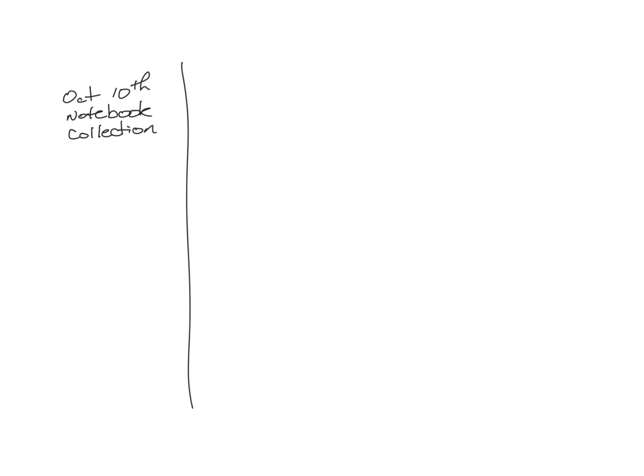Remember, October 10th, you have another notebook collection. All this is happening. These are things that you might want to write in your notes, right? So that you are clear that October 10th is another notebook collection, and still people are talking. This is me trying to have patience. All right.